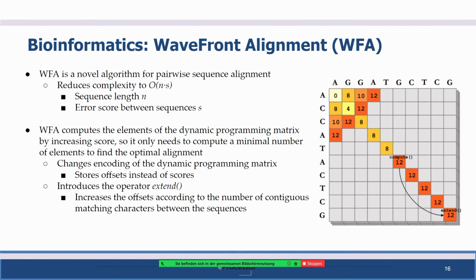So it doesn't have to compute all the elements of the matrix. To do that, it changes the encoding of the matrix using offsets instead of scores, and introduces an operator that increases the offsets according to the number of contiguous matching characters in the sequences. So you avoid lots and lots of computations and reduce the complexity a lot.